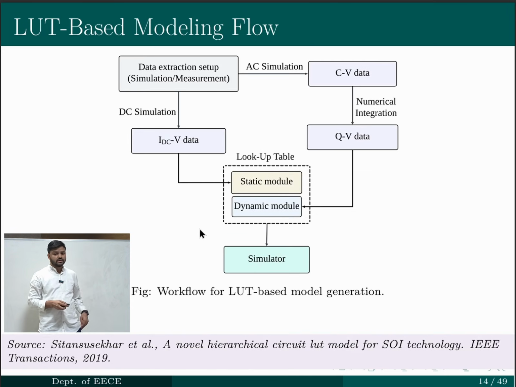How is the flow? First there will be the setup for the device, and then the dynamic data and static data are extracted from the device, and both the static and dynamic data are stored in LUT form. Then it is given to the simulator like Cadence.